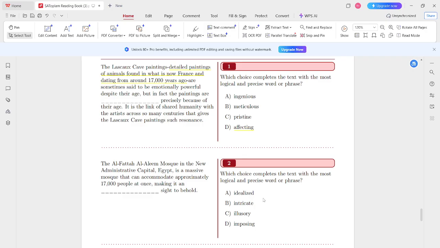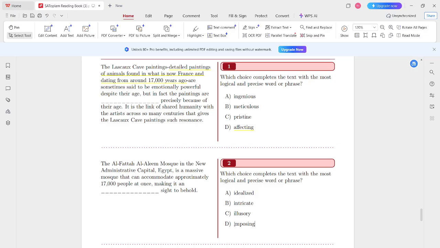Intricate is something complex, very complicated, but there is nothing complex or complicated in here. You might confuse massive with intricate, but they are not the same thing. They have very different meanings. Next, illusory. Illusory does not make sense here. There is nothing about illusion here.